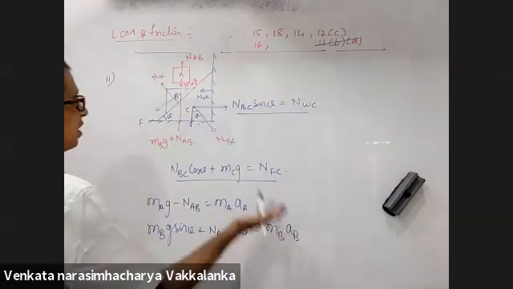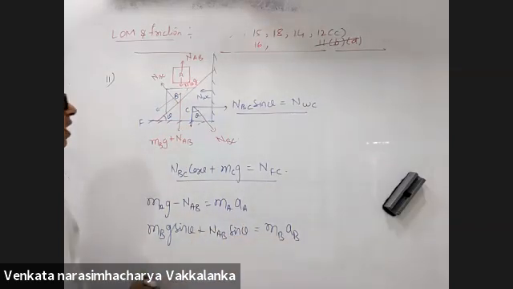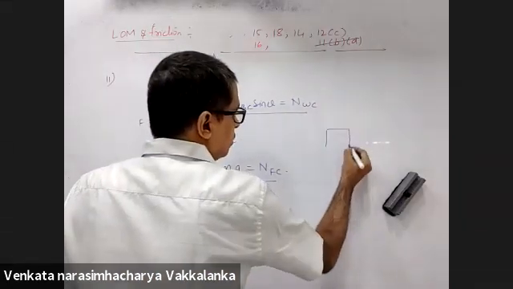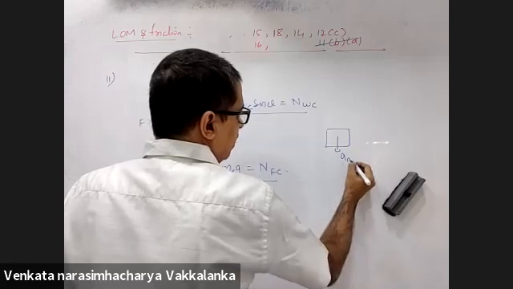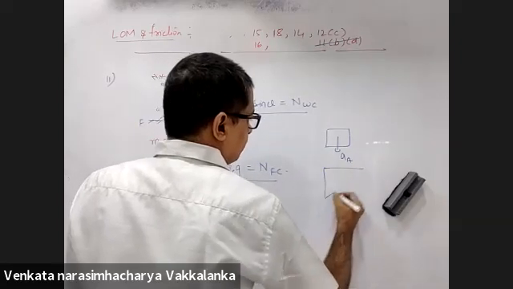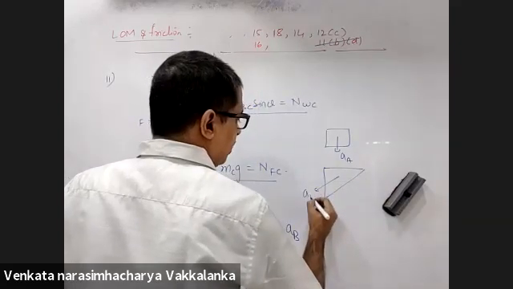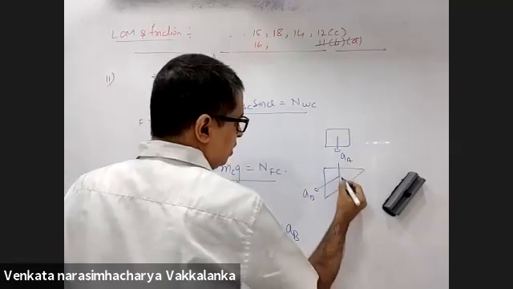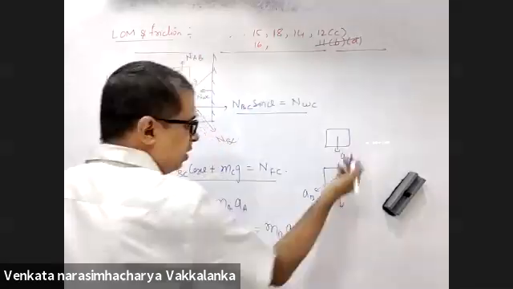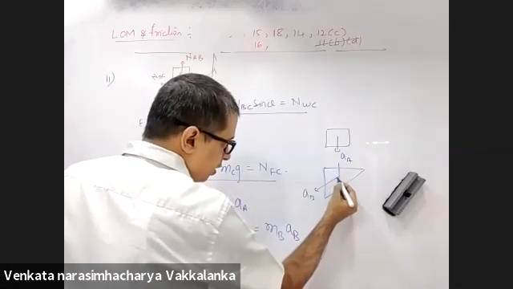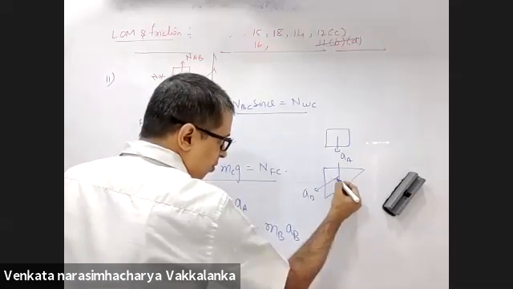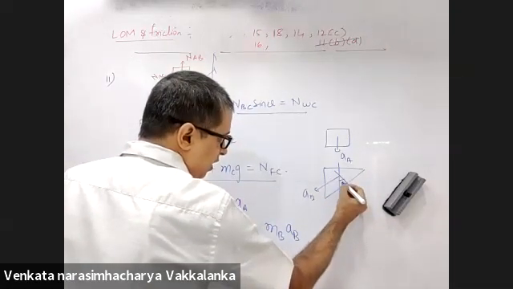And what is the relation between A and AB? Observe this. This is A. This is AB. If I resolve AB in the downward direction, it should be equal to A. This angle will be 90 minus theta. This is theta, right?